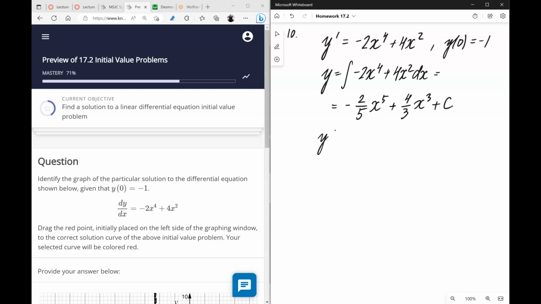And let's use the initial condition. So this is the general solution. And if we're looking for the particular solution, we found the value of c. So here's the particular solution.